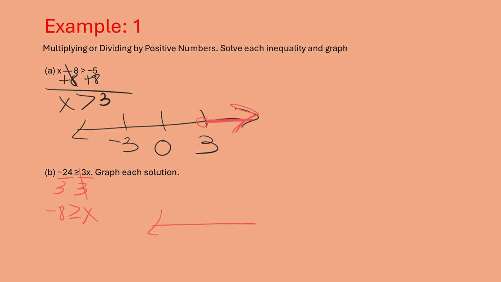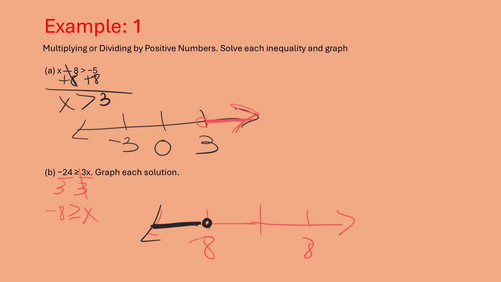And if I am going to graph it, I have negative 8. Is it going to be open or closed circle? Closed. Am I going to the right or to the left? Right. Where's my variable?